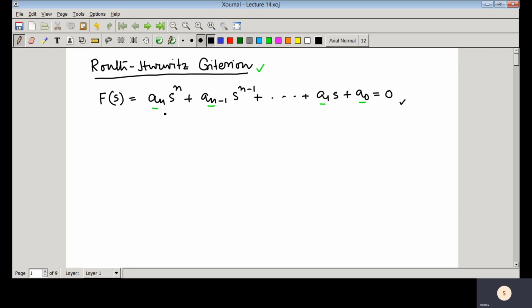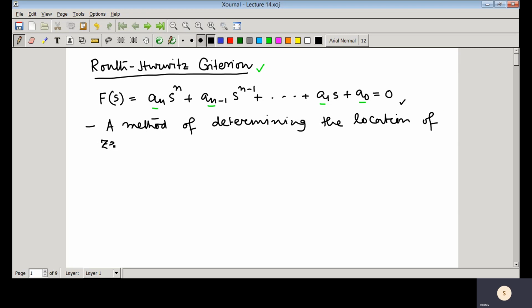It is a method of determining the location of zeros, that is, the roots of a polynomial with constant real coefficients.